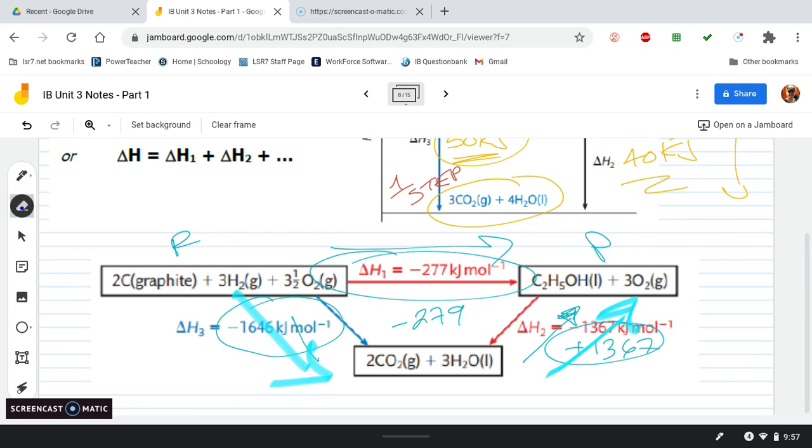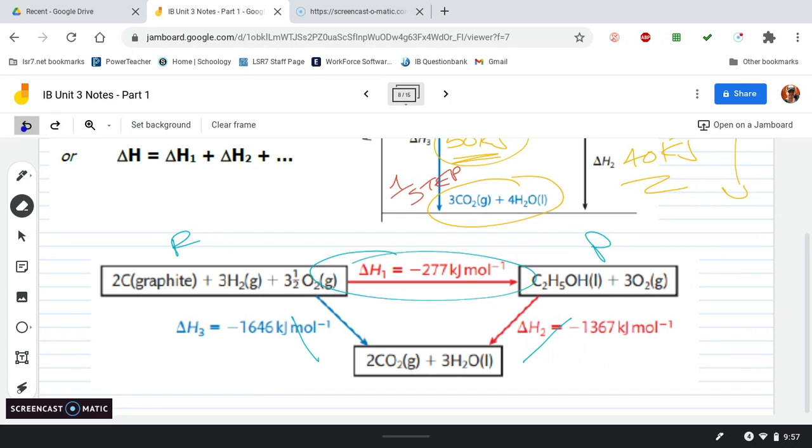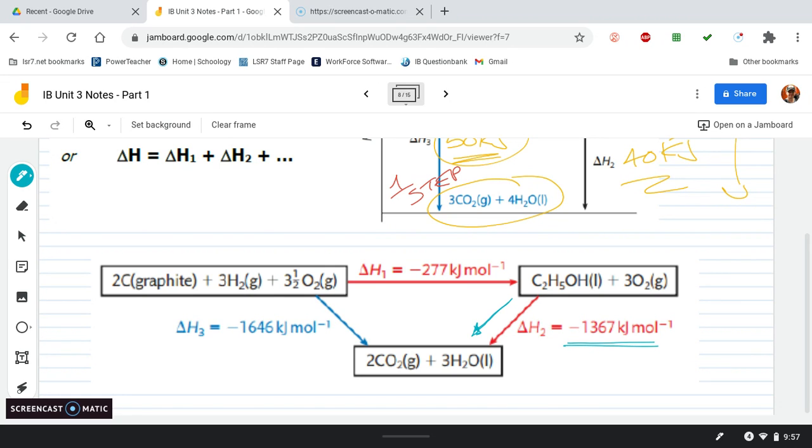Now, I do think that it's probably important to point out that we have directional arrows here, and so this arrow going this direction like this, if we flip that, then we just take our delta H and we also flip it. We saw that in the last set of notes.